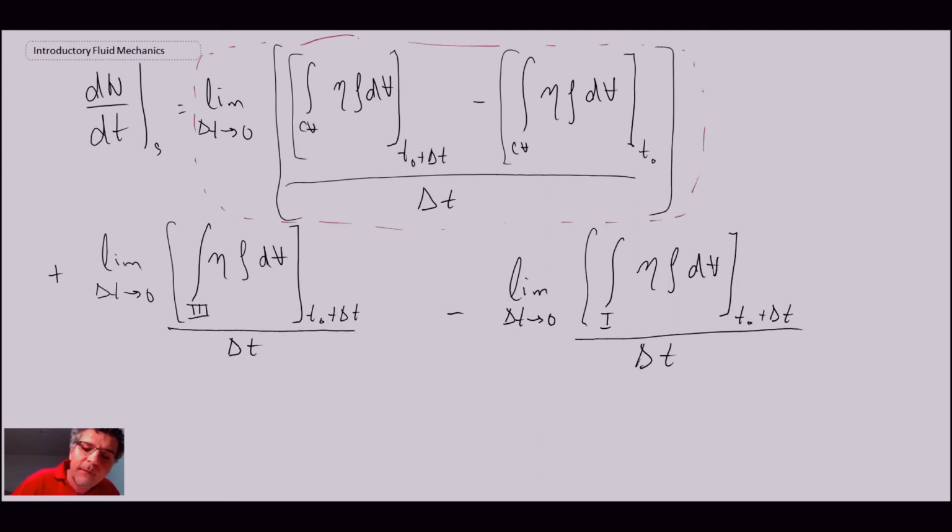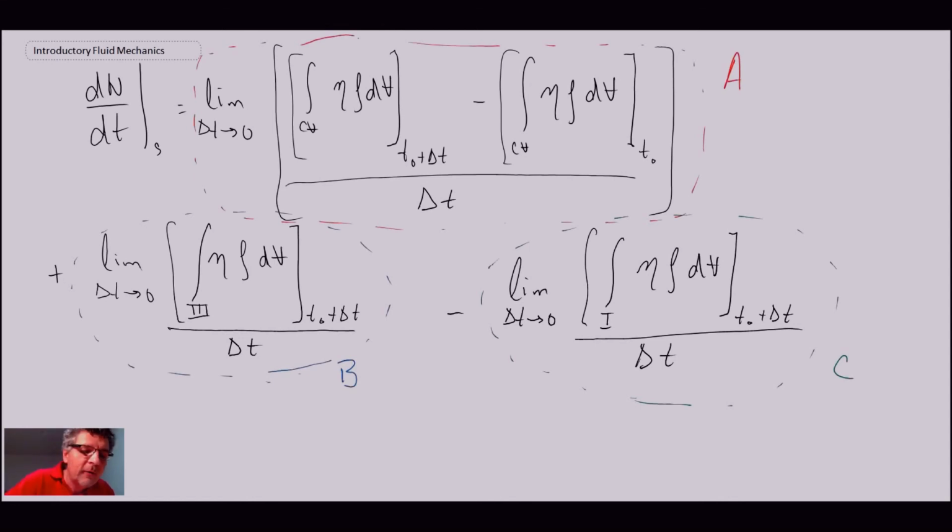Now I'm going to take this and call it A, the term that had only control volume integrals. Then I'm going to call this one equation B, and this one equation C. We're going to try to simplify or re-express each of these one at a time.